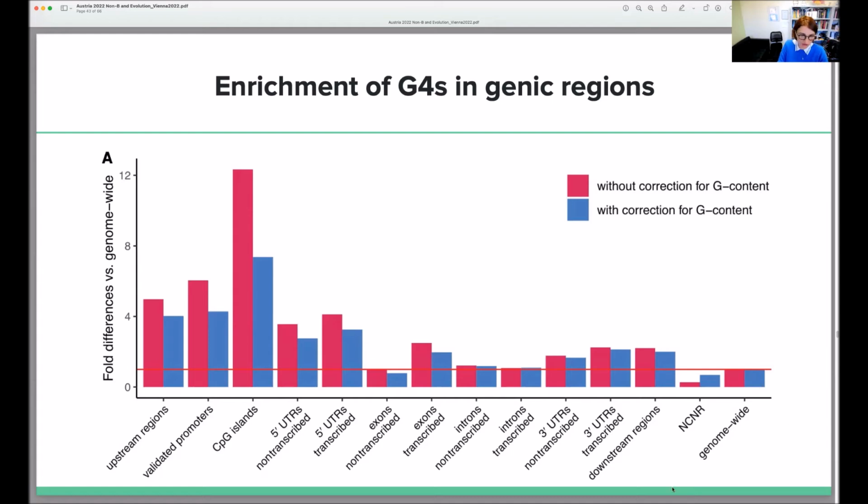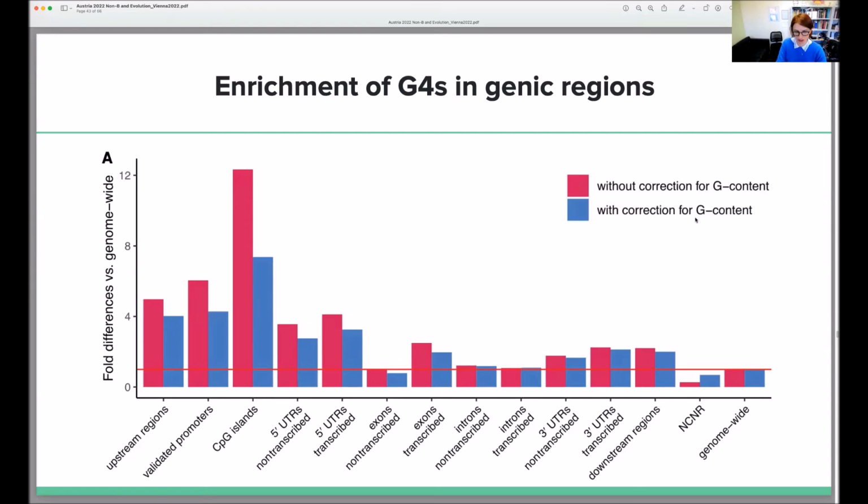And then we're also looking at the representation of G quadruplexes genome-wide. Then we're looking at the fold differences in the frequency of G quadruplexes as compared to genome-wide. We do this without correction for G content and with correction for G content. So if you are conservative and you want to look at the blue bars, you're welcome to do so.